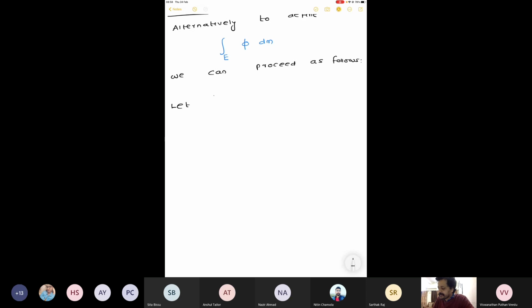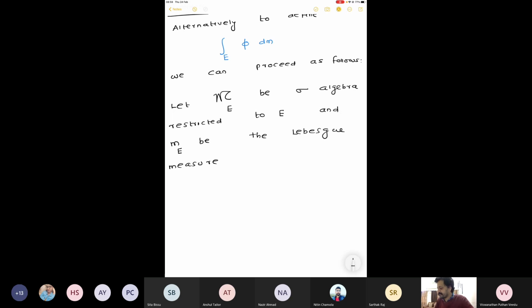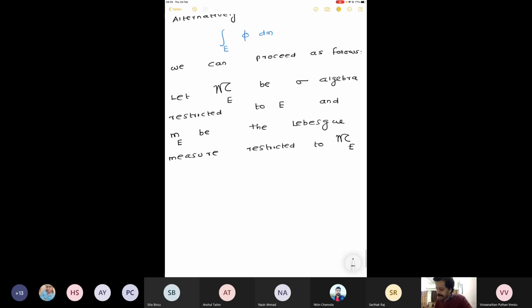Let script M suffix E be the sigma algebra restricted to E, and small m suffix E be the Lebesgue measure restricted to script M suffix E. So now we have the measure space.